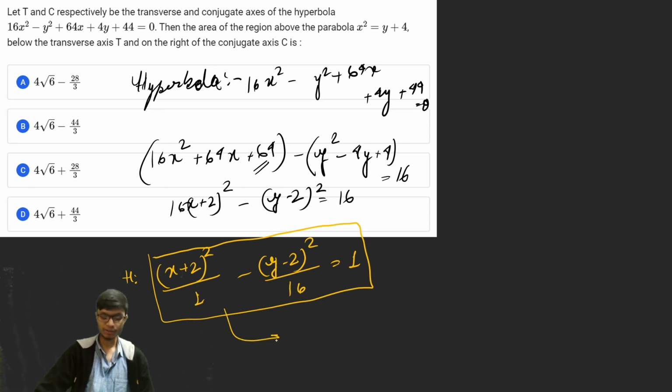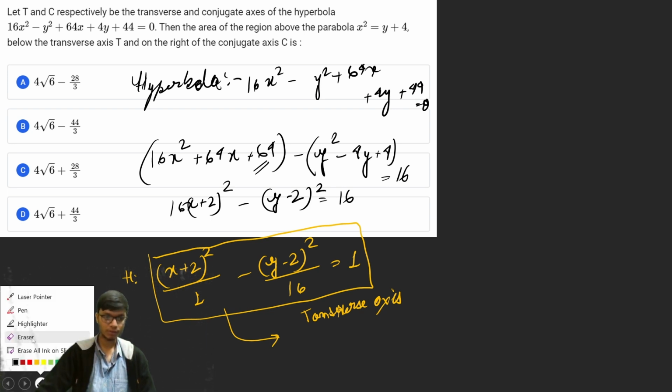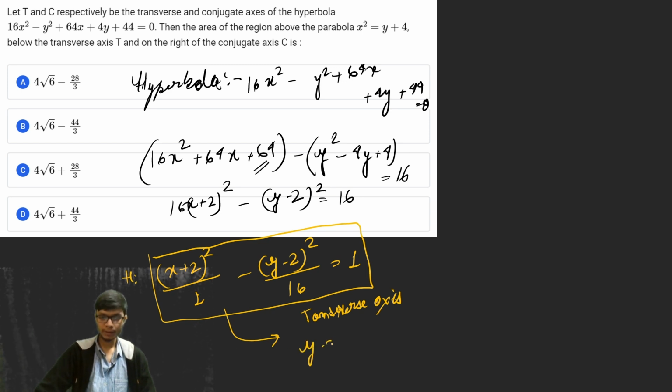So from here, what is the transverse axis? Sorry, the transverse axis is basically y minus 2 is equal to 0, because the transverse axis is a line which is parallel to the x axis, and that is y minus 2 is equal to 0.